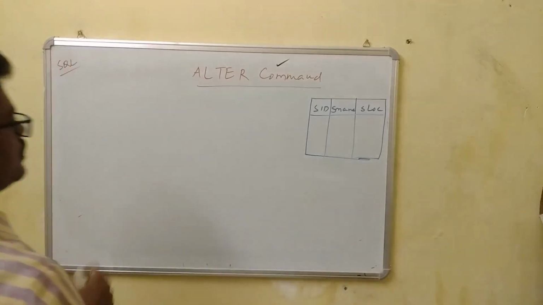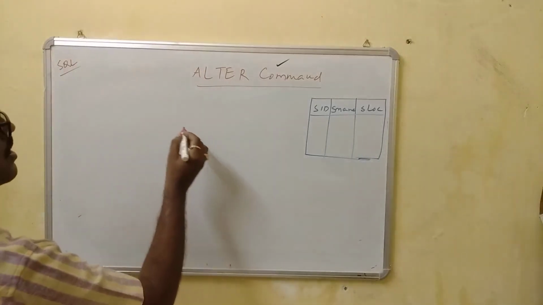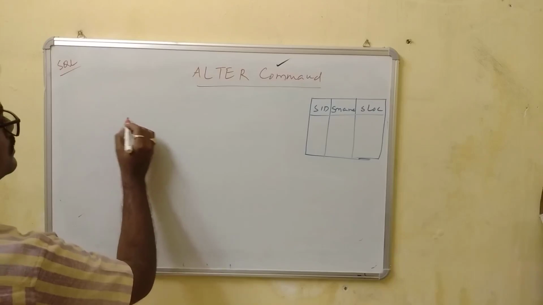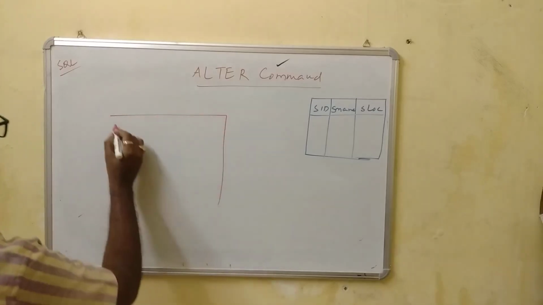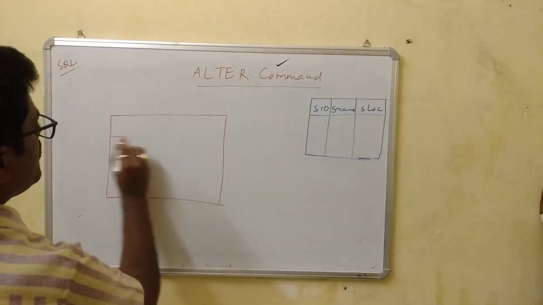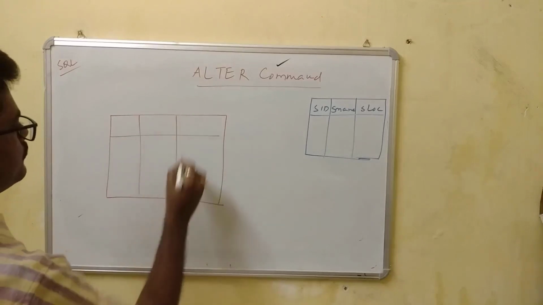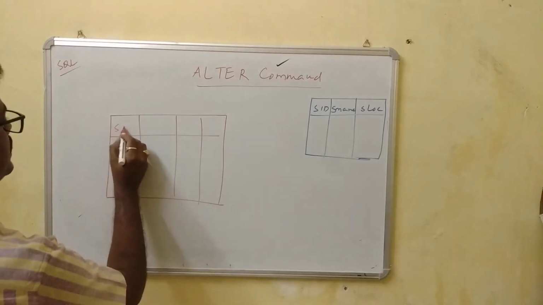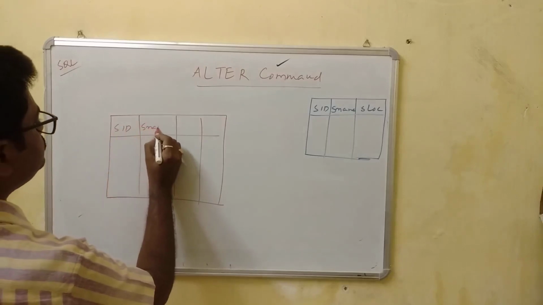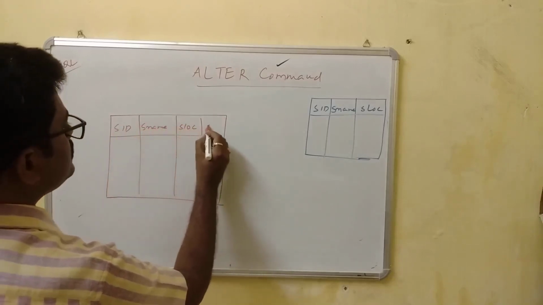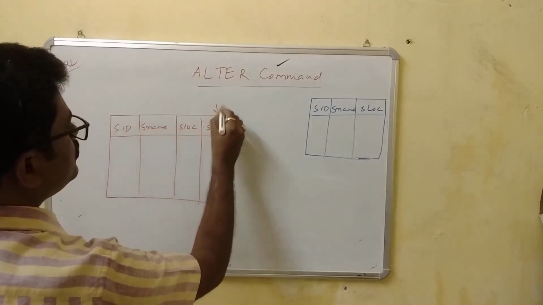After adding a new column, when we select star from the table name, we will get SID, SName, SLocation, SAge. This is the new column.